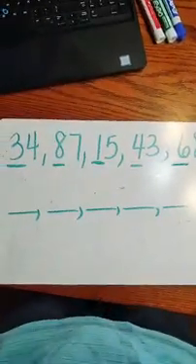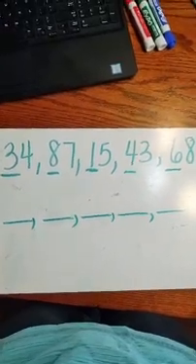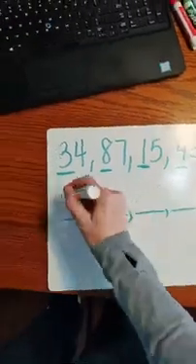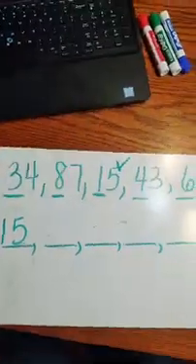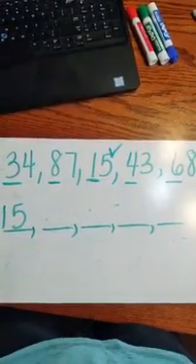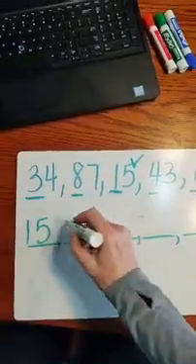What is my smallest number that I've underlined? You got it. It's 1, so I'm going to put 15 in the blank. I'm putting a check by it this time. What's the next smallest number? You got it. It's 34.